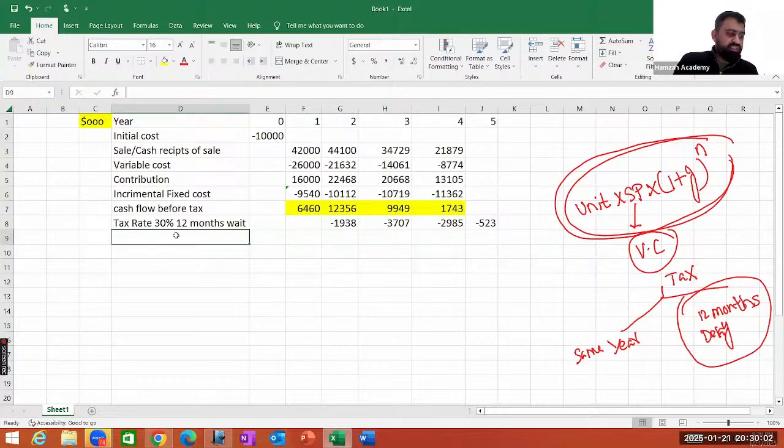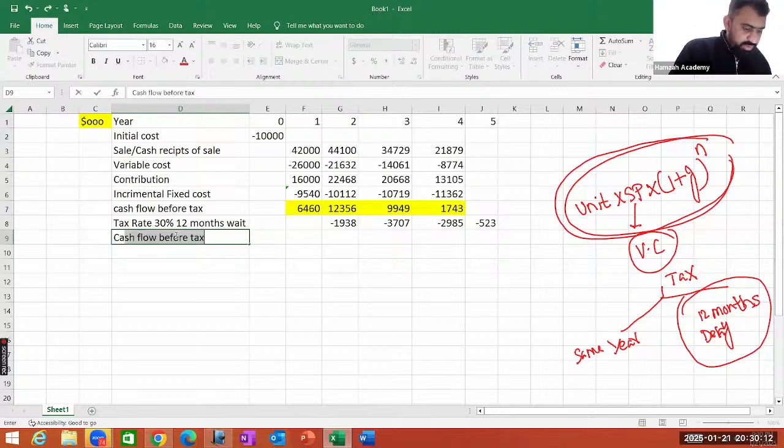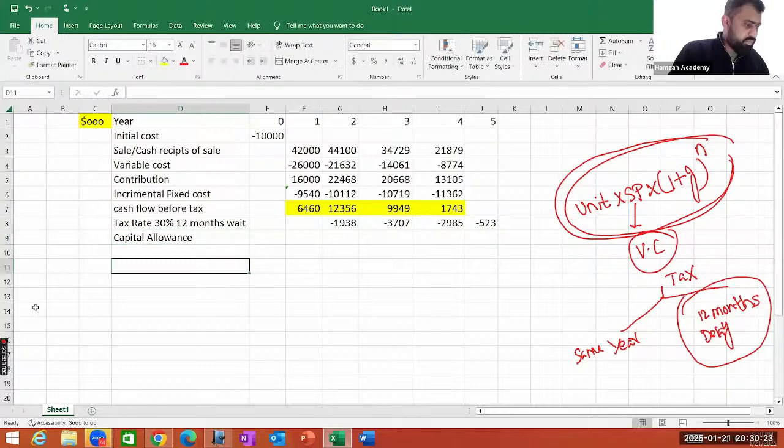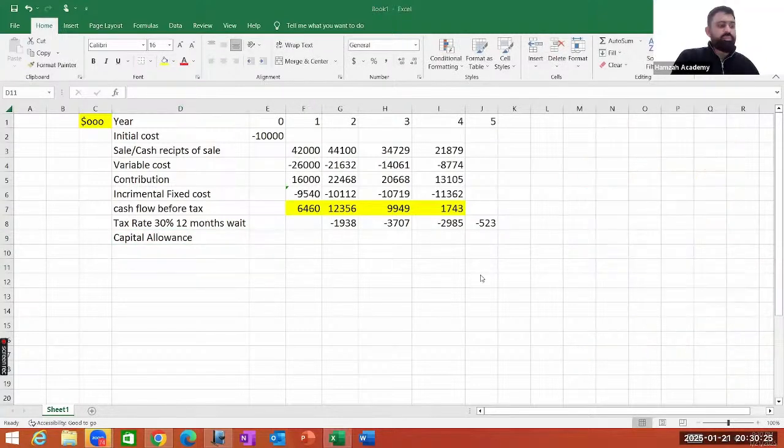Now, after the tax, if you have got the concept till here, now after the tax, we will take in a pro forma capital allowance. Now, what is capital allowance?